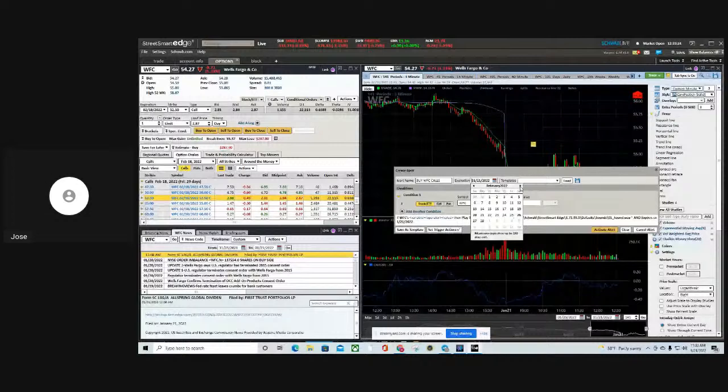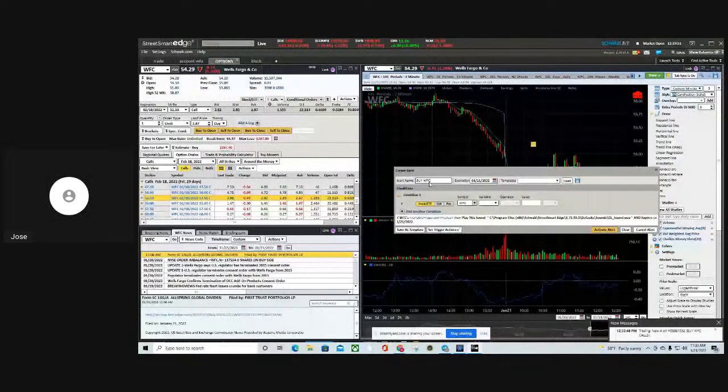I'm also going to set a pullback alert at 52.50, just in case I miss one. Always set alerts.